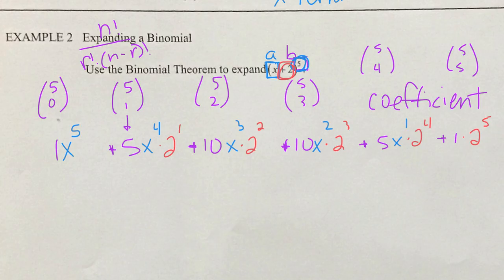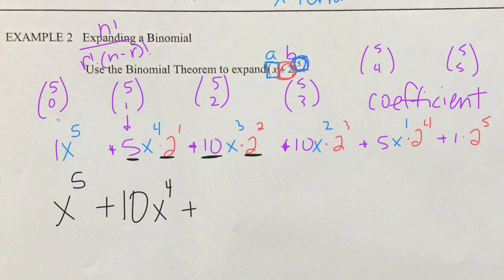So now it's just a matter of simplifying. 1 times x to the 5th is x to the 5th. What is 5 times 2? 10x to the 4th. Plus, what is 10 times 4, right? 2 squared is 4. 10 times 4 is 40x cubed. What's 10 times 2 cubed?